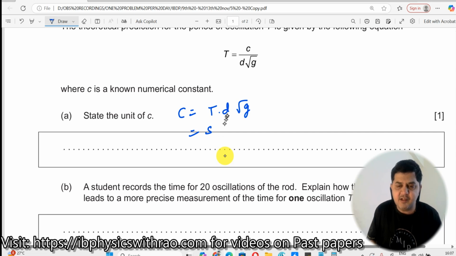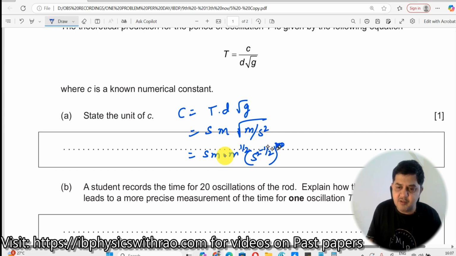And D, how is D measured? D is the distance between the two strings, which is measured in meter. What is g? g is meter per second square, right? So it should be the square root of meter per second square. What is this? Your acceleration due to gravity. So it should be second into meter to the power half into second to the power of minus 2, whole to the power of minus half.